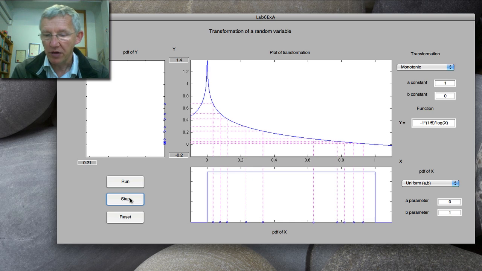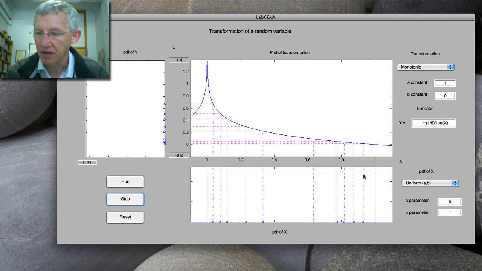And now we've got a set of 10 observations on x, and we can see what happens. X is uniform on 0, 1, so half the time it's bigger than a half. Let's look at what happens with these observations here. They come up and they hit the transformation, and the transformation has a very low gradient at that point.